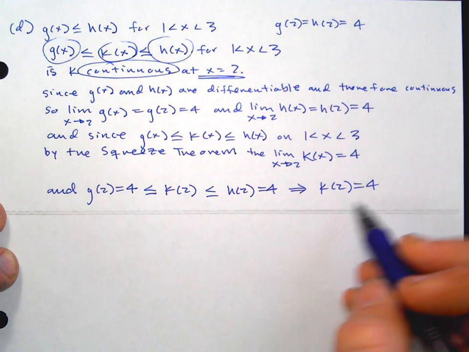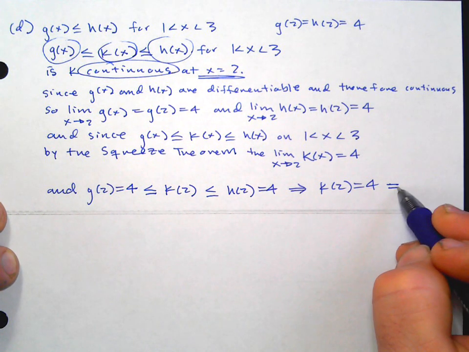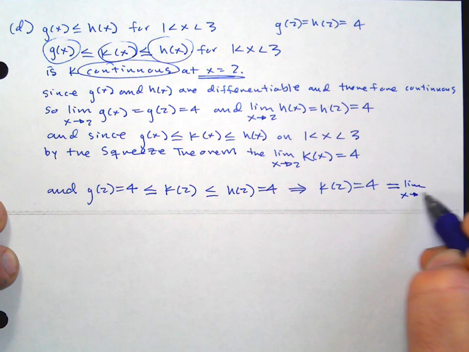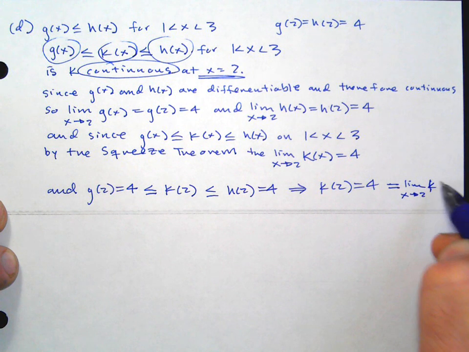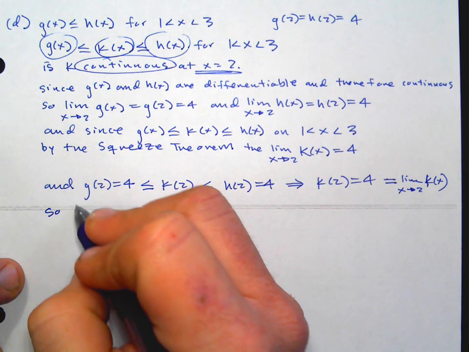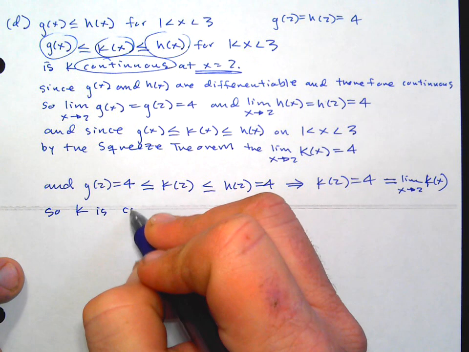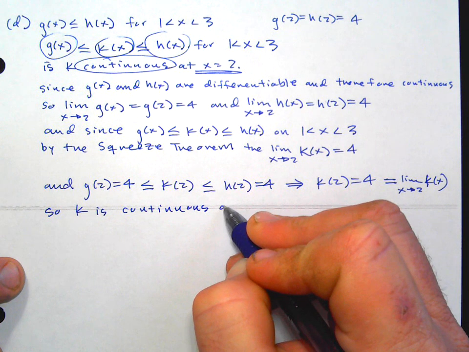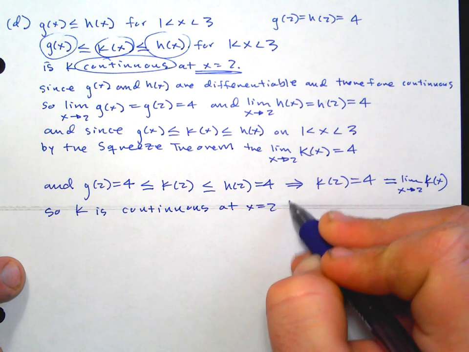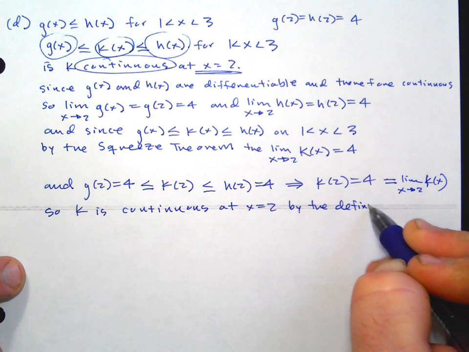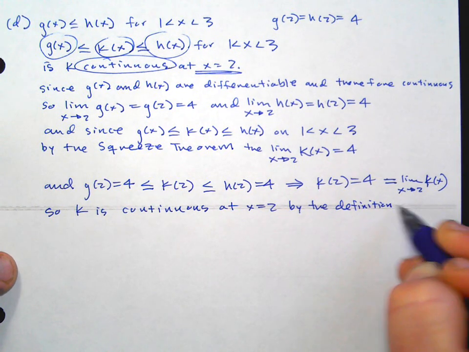So what we've done is we've proven that the value of k of 2 equals the limit as x approaches 2 of k of x, right? And that's the definition of continuity. So k is continuous at x equals 2 by the definition of continuity.